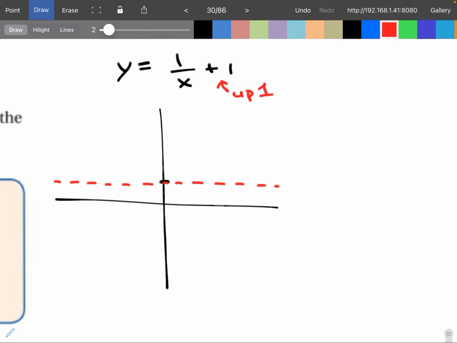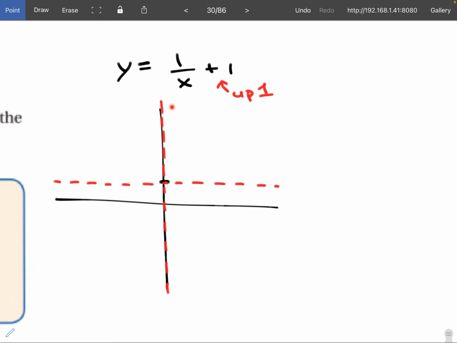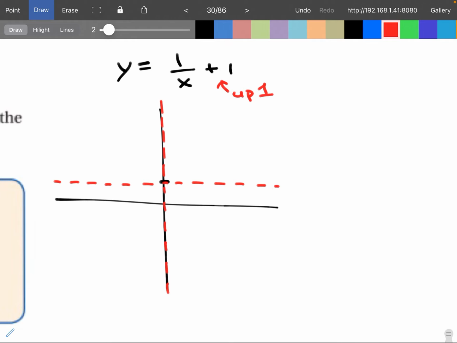But since we didn't shift it left or right at all, our vertical asymptote is going to stay at x equals 0, or along the y-axis, like that. And then we're just going to regraph this thing again, kind of like in quadrants 1 and 3. So there'll be one branch of it here, and then the other branch will be here.